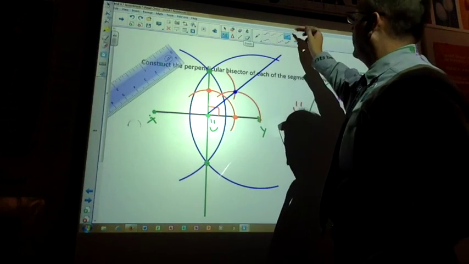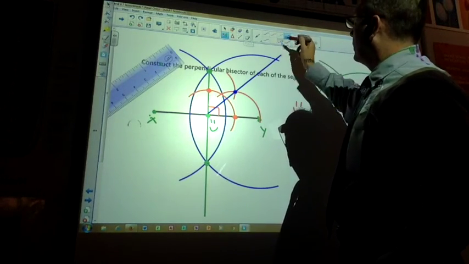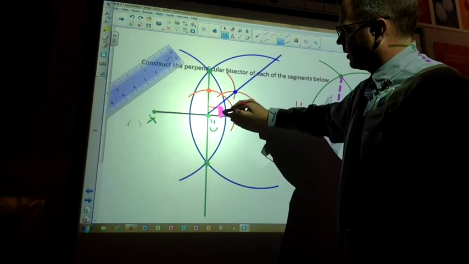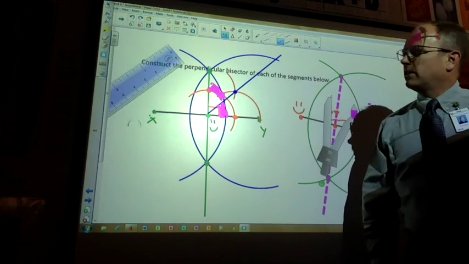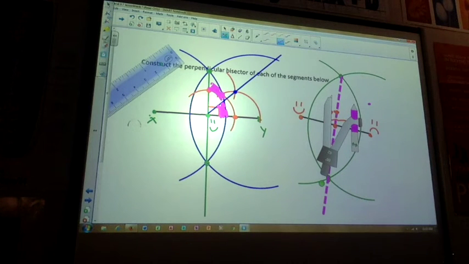All right, this pink angle right here is the same as this one right here. They're the same size angle. They're both 45 degrees. So that's how you create an angle bisector.